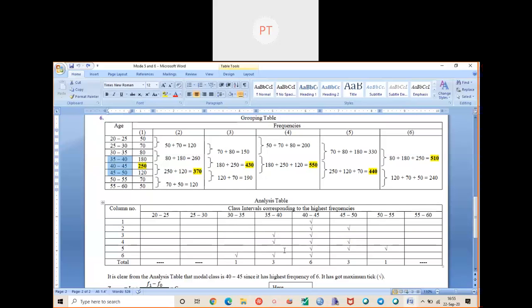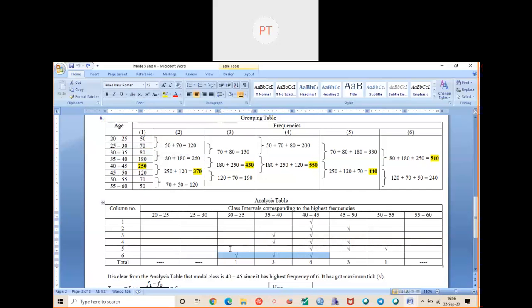And in column number 5 we can see it is this one: 40, 45 and 50. And this is the last one, column number 6: 180 to 50 belonging to 30, 35 and 40.